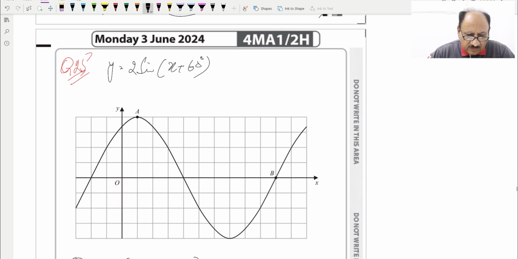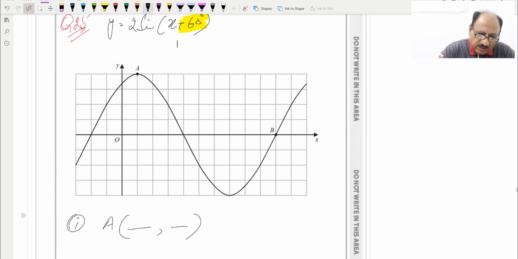If we check this transformation, this is plus 60 inside, so 60 degrees whatever inside. Transformation rule, I think so you know. If you don't know, you need to memorize the transformation rules. And 60 inside means 60 degree moving left. So whatever inside, if it is plus 60, it will be to the left.